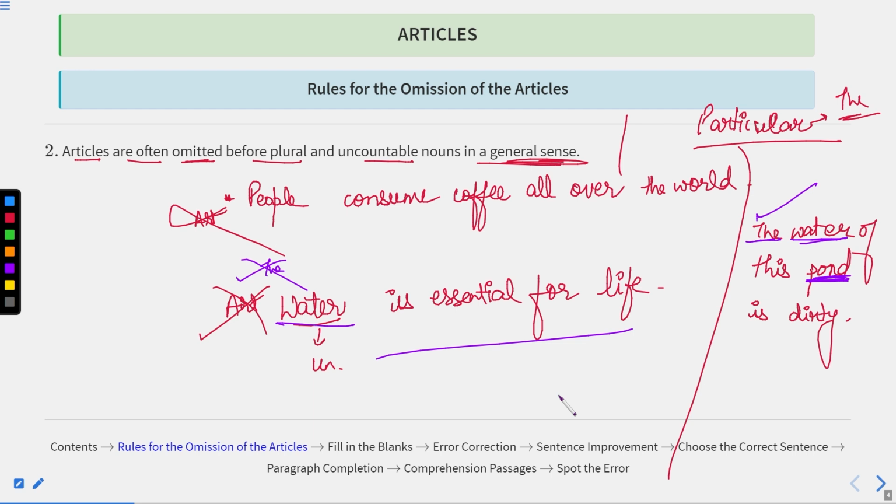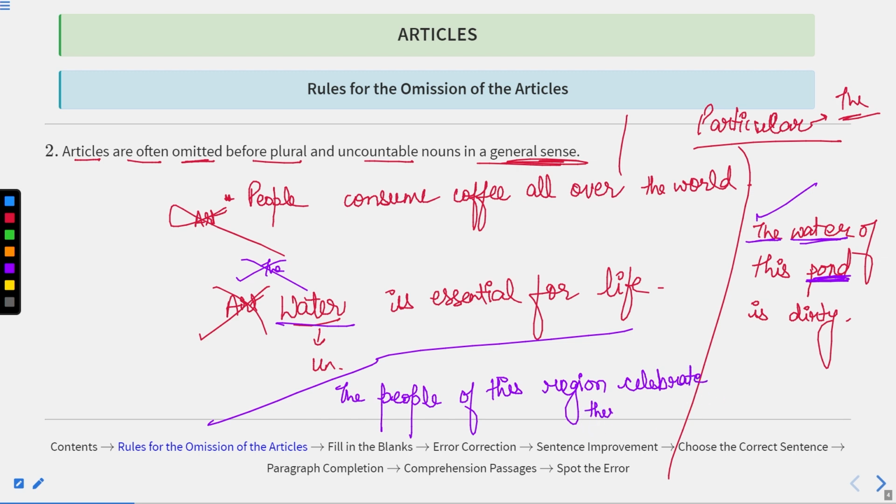Okay, it means we are talking about the people in definite sense, we are talking about only this group of people, there I can use the before that. Okay, if I say the people of this region celebrate this festival.